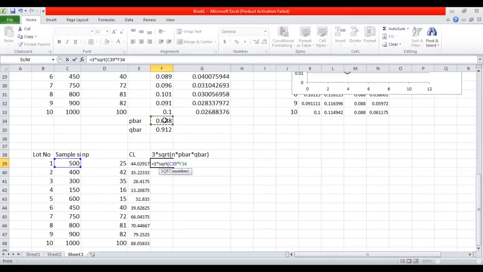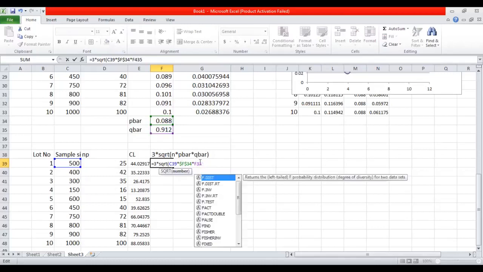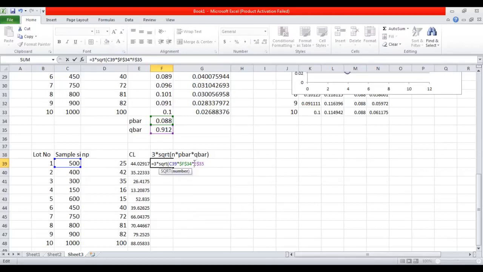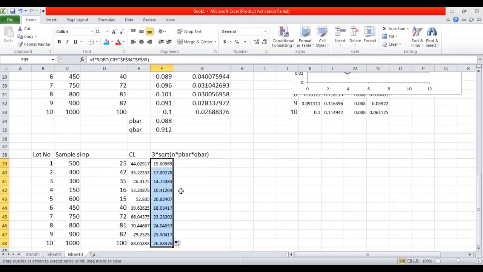Since P bar and Q bar values are fixed, I'm going to use the dollar symbol here for the P bar and Q bar values. We close the bracket, we get this value. Similarly, for all the samples also, we find this value.